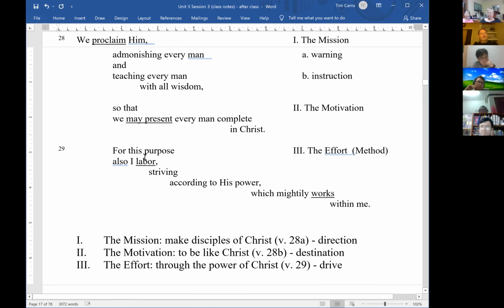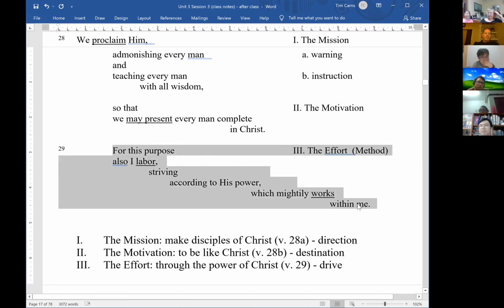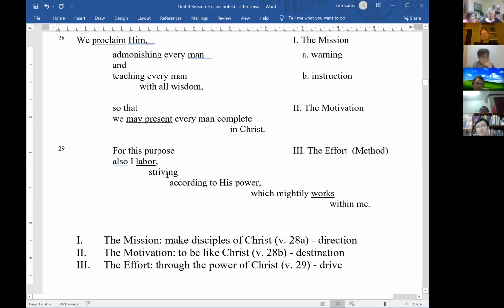And how I do that, that's why I think it's important too, is that here again, we're reminded, no lazy preachers. Paul says, look, I labor. And then he adds to that striving. It's this idea of intense labor. Why am I doing this? Because I want to, and this is where I think, in one situation, it may modify present, but why is the effort? I want to see every man and woman complete in Christ. And so I give of myself, my effort, and then he reminds us, but that effort isn't just me.